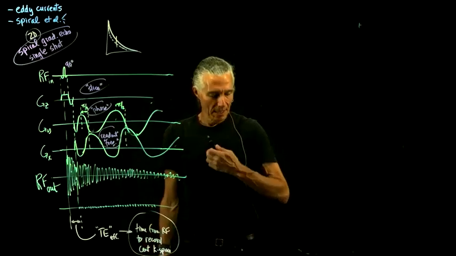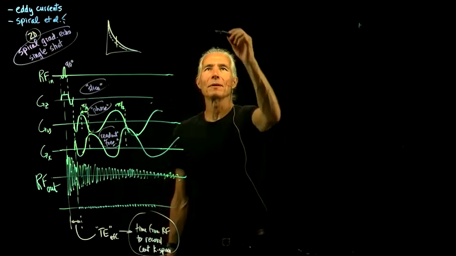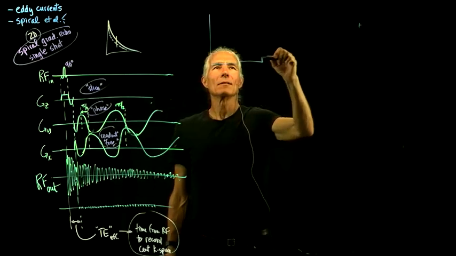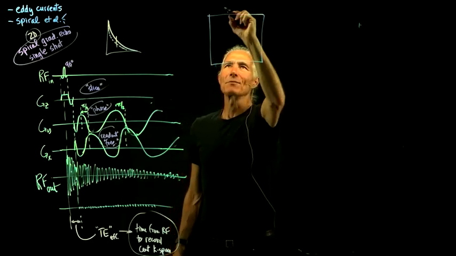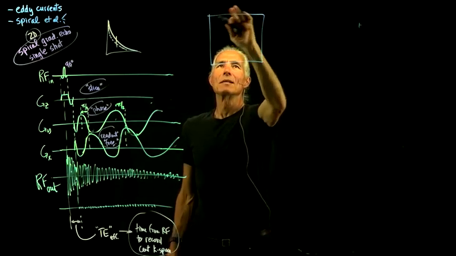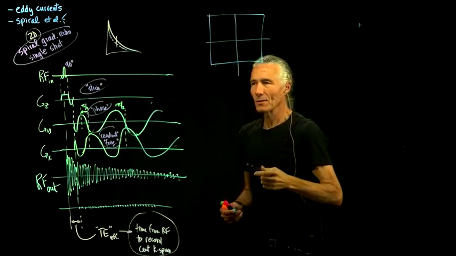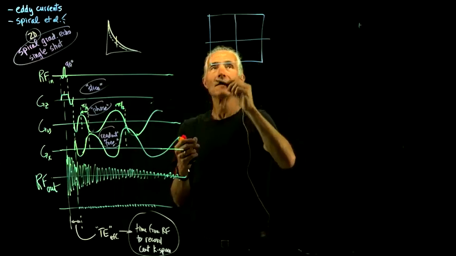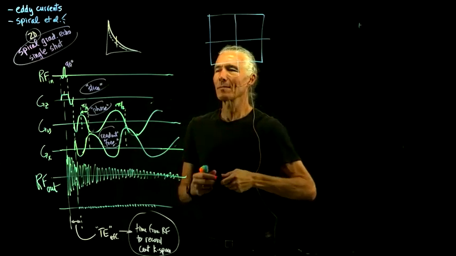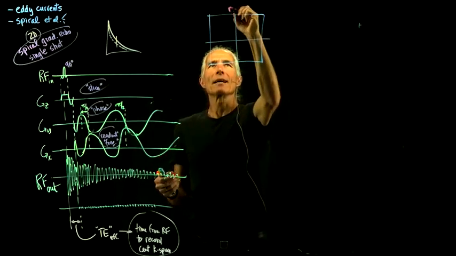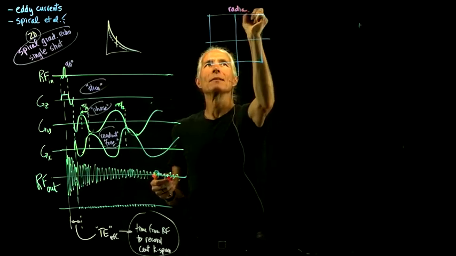So one thing we could do would be radial, and we have this on the scanner too. The idea is you turn on both gradients at the same time so that you take a diagonal line through k-space.